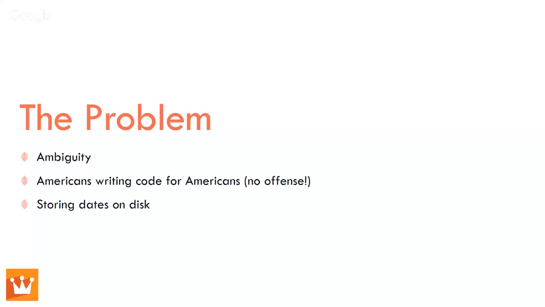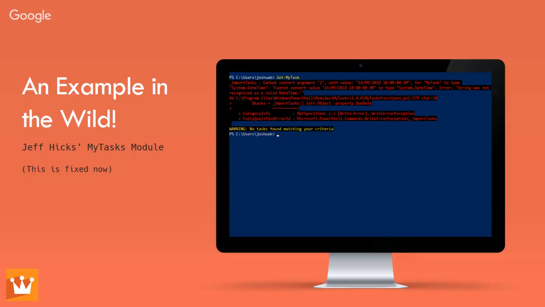A big place where this comes out is both storing dates on disk and transferring dates between systems. An example from the wild that I've come across is the MyTasks module from Jeff Hicks. This has been fixed, so I don't feel too bad about picking on it.